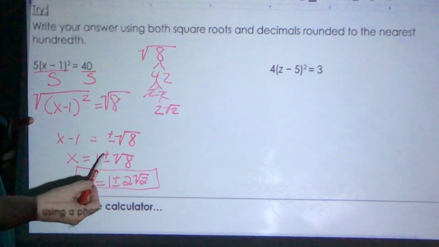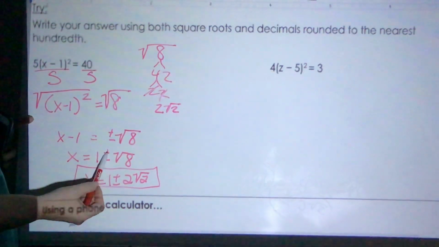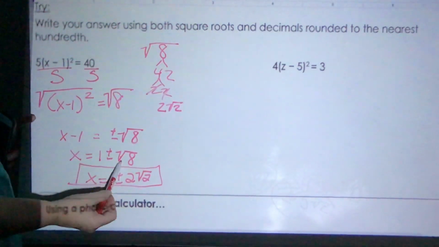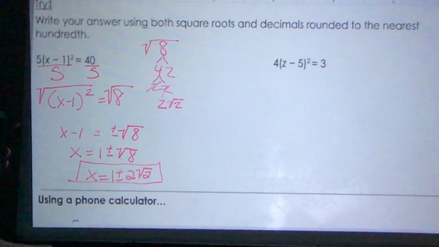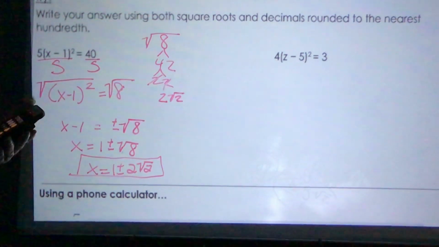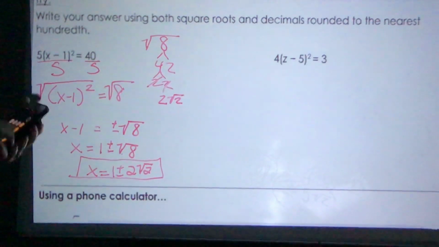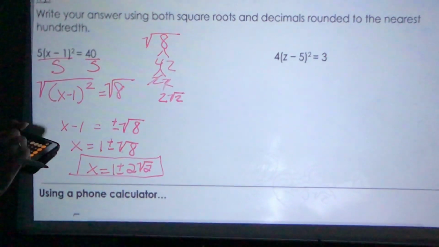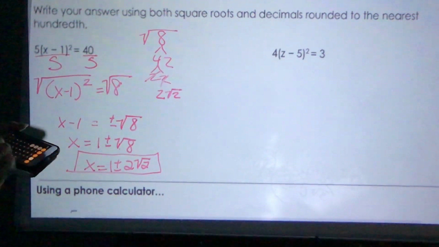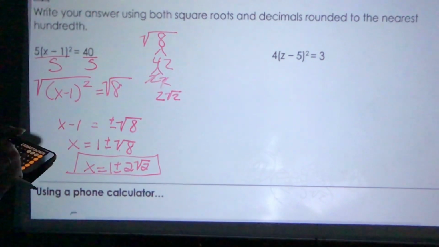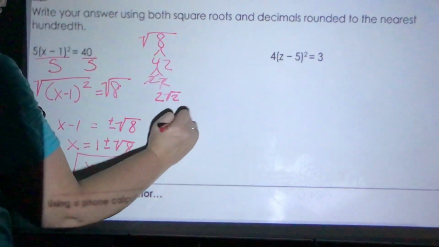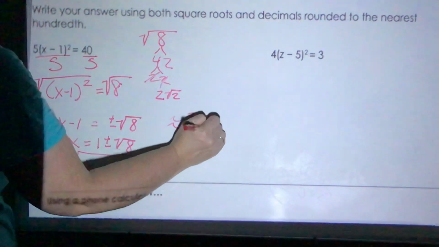To do this one, we're going to do 1 plus square root of 8, then we have to do 1 minus square root of 8. It's not as simple as getting one decimal number and writing plus or minus. We're going to get possibly 2 different decimal numbers. On the calculator on my phone, I'm doing 1 plus the square root of 8, and I get approximately 3.83.